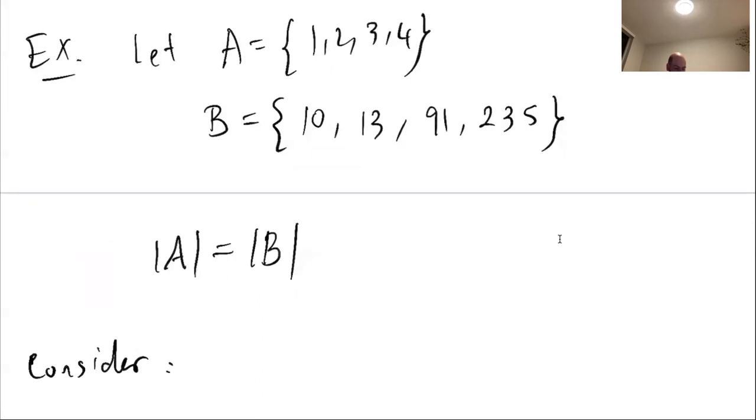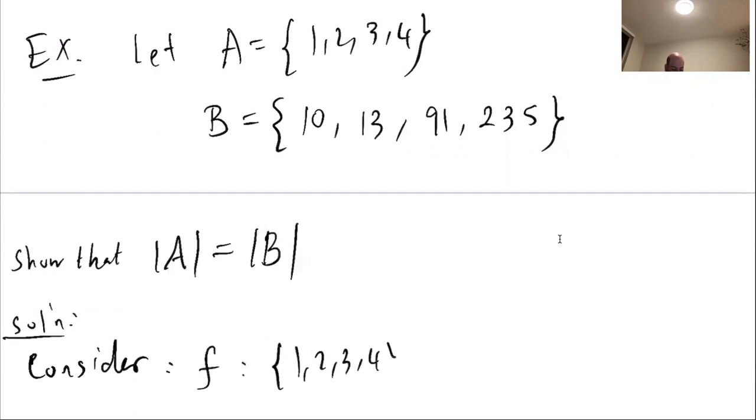So you can write here, show that, and then this is the solution. Consider F from A to B. How would you define it?